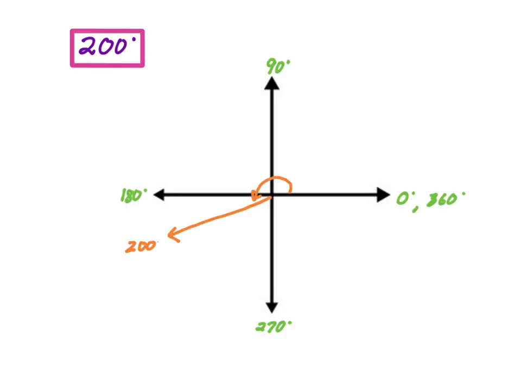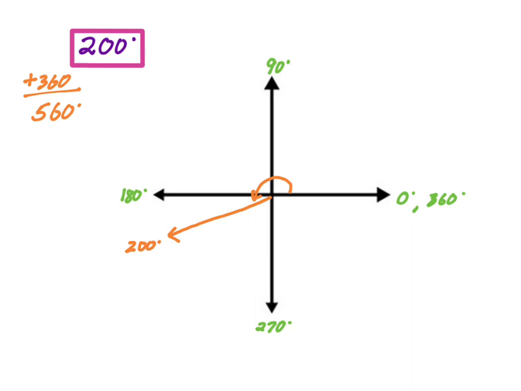All right, so this is 200 degrees. It's in the third quadrant. It's past 180, but it hasn't made it to 270 yet. So if we found another coterminal angle that's positive, I could just go ahead and add 360 to this. And that would give me 560 degrees.